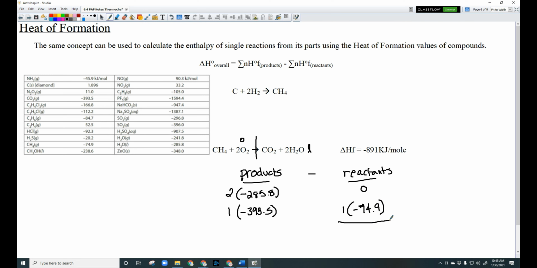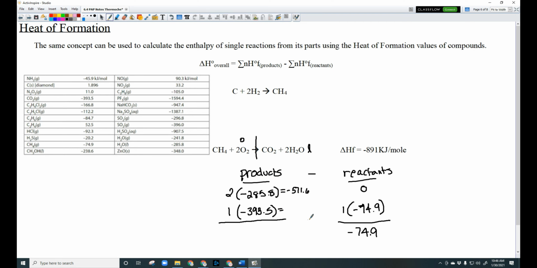So what I do is I draw a line here now, and I add all this up and get a number, add all this up and get a number, and then I have my equation there. So this is going to be negative 74.9. I already know that. Okay, so let's get this. Okay, so 2 times negative 285.8 is going to be negative 571.6.